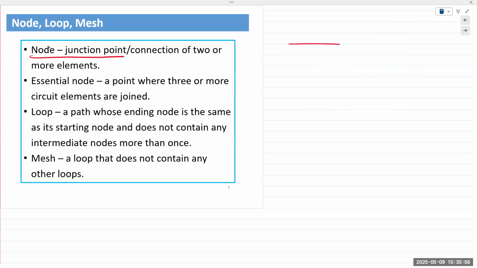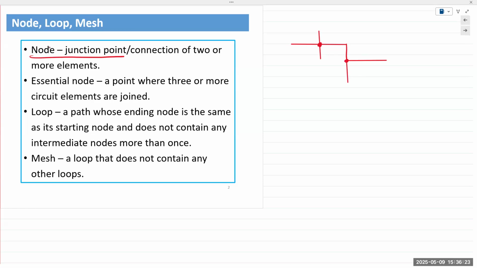So if you have a circuit, that's a node. And that's a node. Anywhere where you have two or more components connected together is a node.